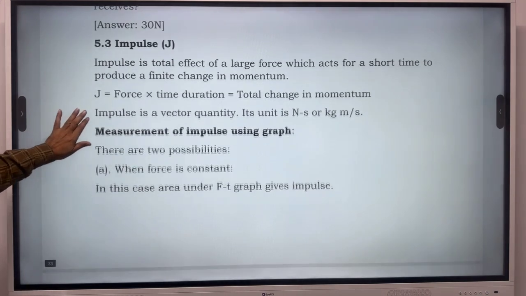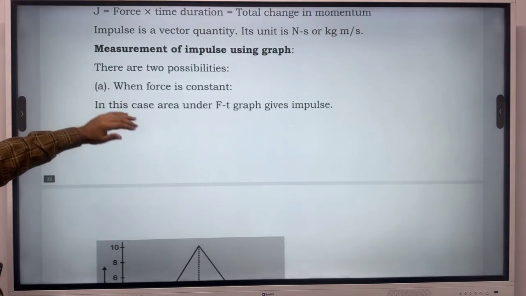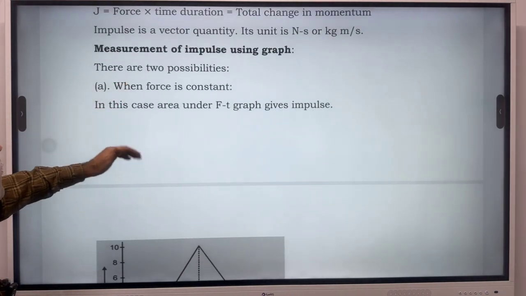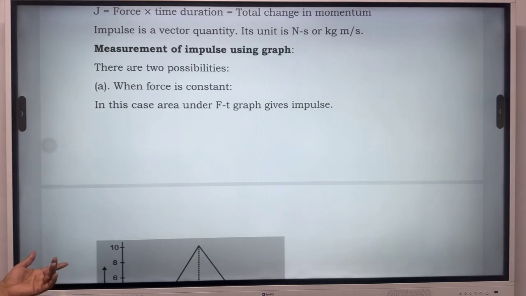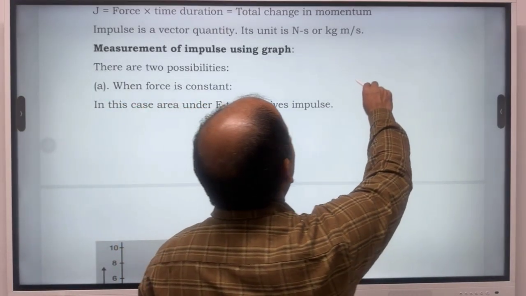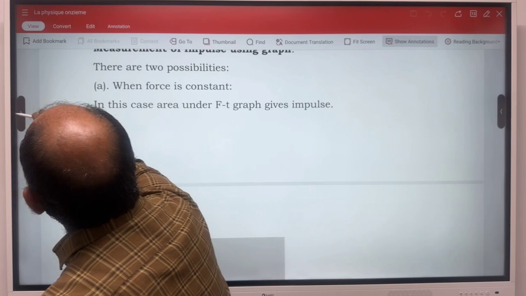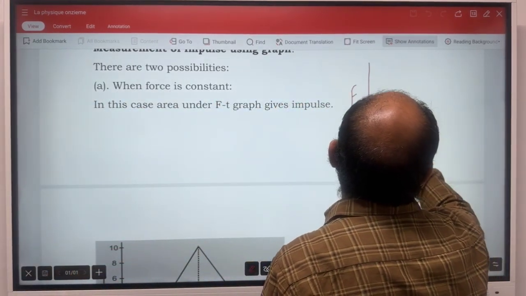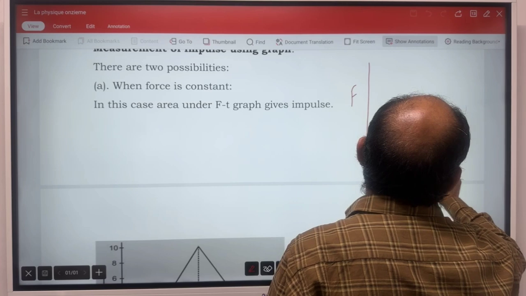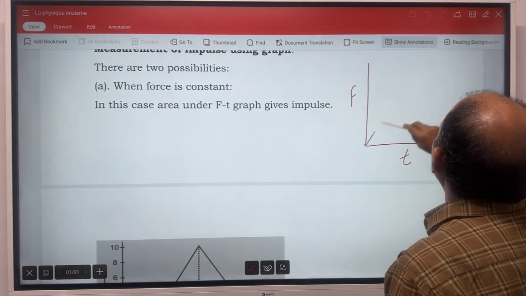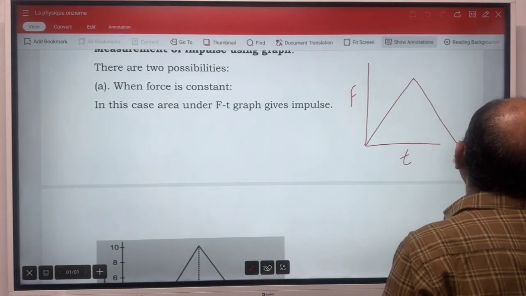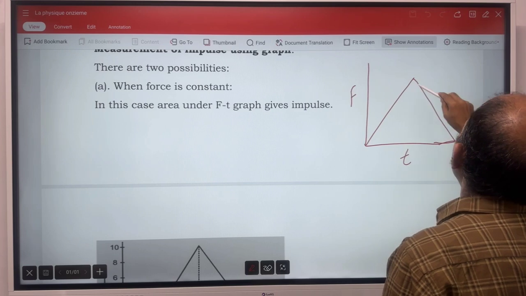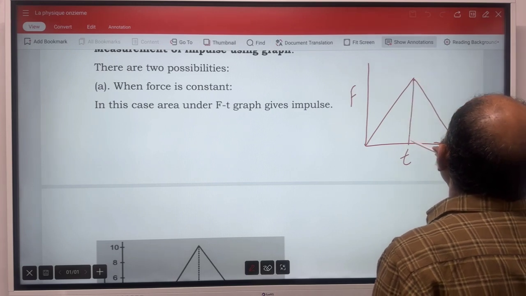Now for measuring impulse, we can apply two techniques. Either the graphical method, in which force and time are given. Suppose this is the force axis and this is the time axis, and suppose we have this type of figure. If you want to find the total impulse, the technique is simple.